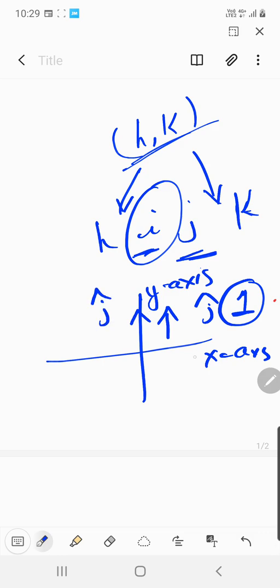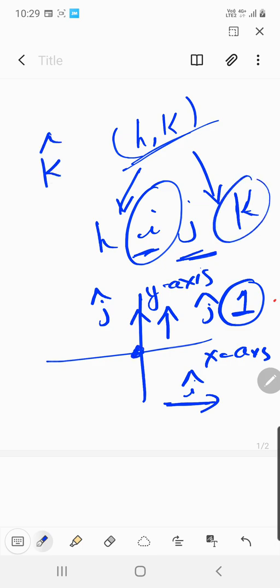That's the j bit. i with this sign is the unit vector in the x-axis direction, and there's actually a k also, unit vector k, which is a 3-dimensional situation, z-axis unit vector. That's that, yeah.